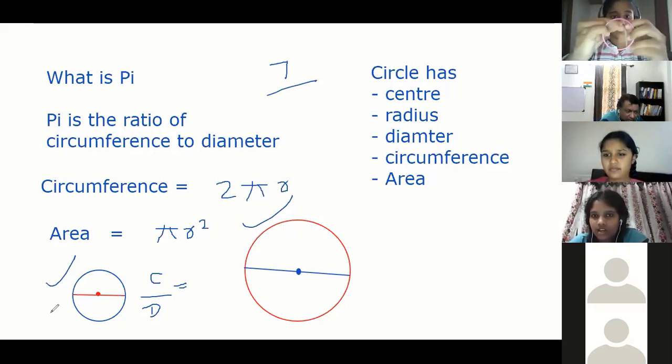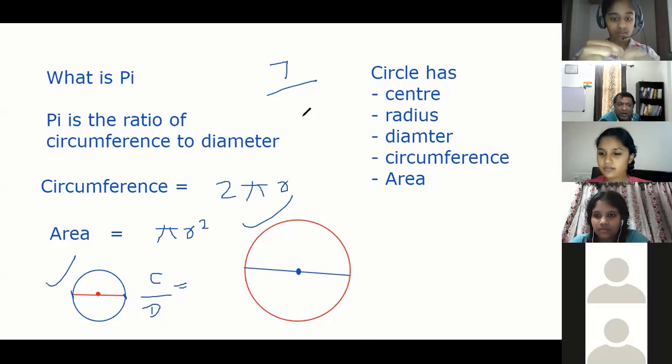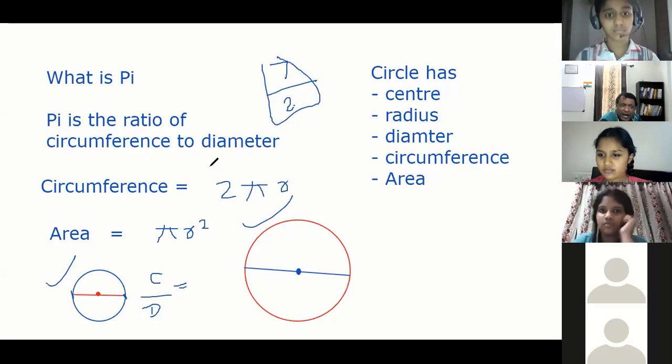Like a diameter. Like this. Correct. That will come to some number, 2 point something. When you divide this by this, you will get the value which is known as pi.